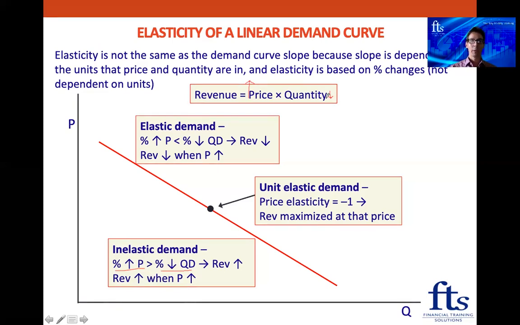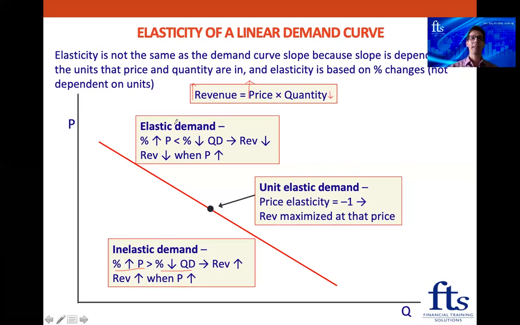So overall, what happens? Revenue goes up. So I'm going to put an arrow there. Overall revenue goes up when we have inelastic demand. So when we have inelastic demand, we can actually increase our revenue when we increase price, because the good news of the increase in price outweighs the bad news of the quantity demanded falling. So overall our revenue goes up.